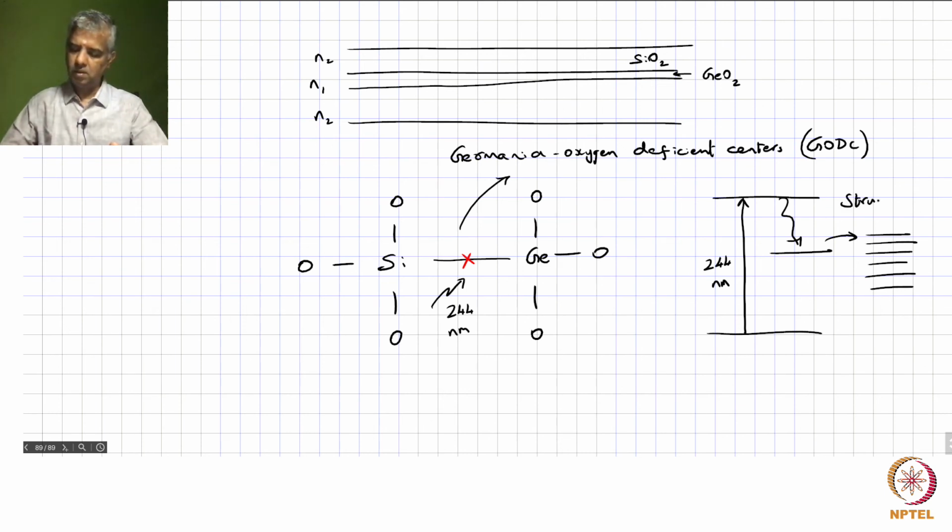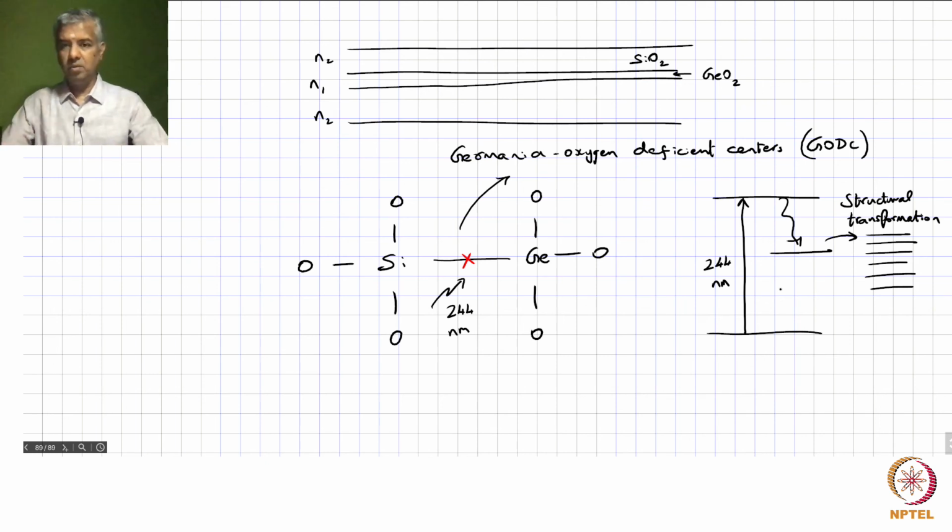So this is a structural transformation, which causes a stress relaxation at that particular point, and then gives this change in refractive index.